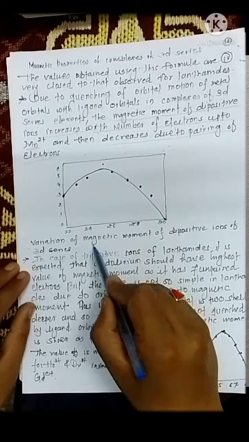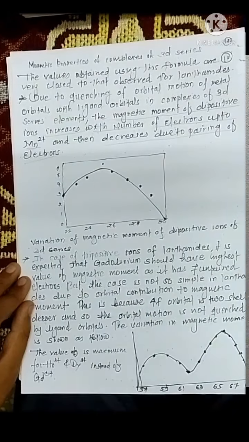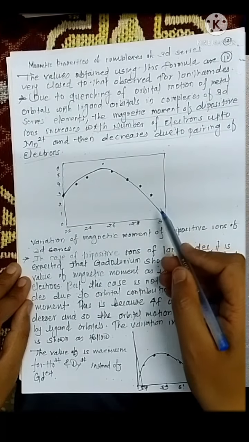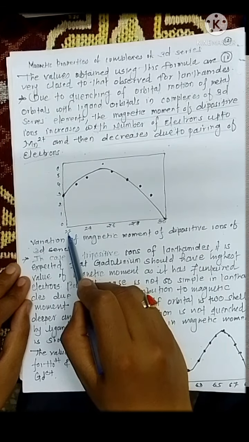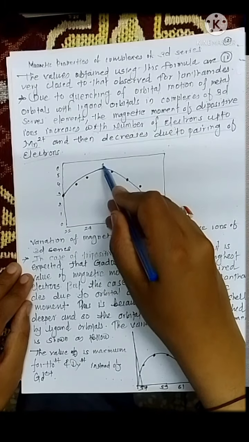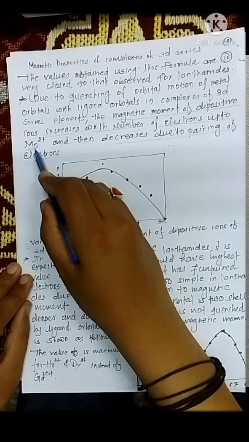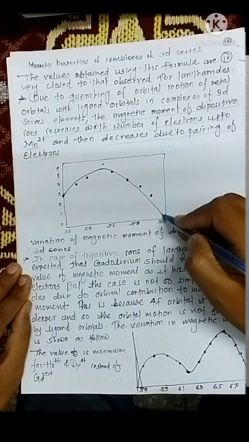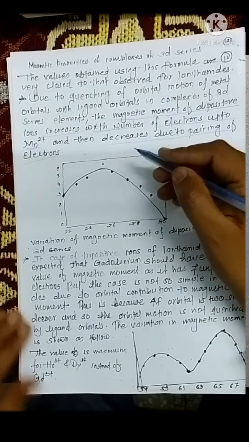Just see the variation of magnetic moment of dipositive ions of the 3d series. In this chart, from atomic number 22 up to 25, the value goes on increasing, because 25 is manganese, that is Mn2 plus, and then the value goes on decreasing because pairing of electrons takes place in the d orbitals.